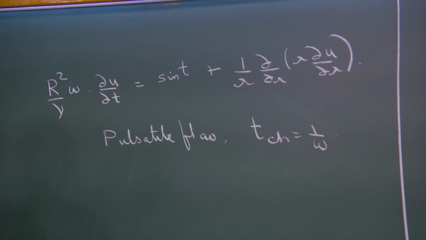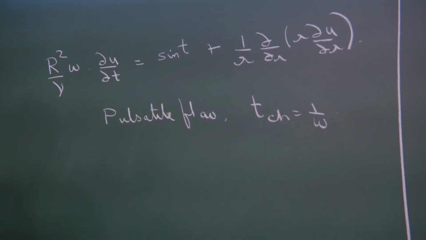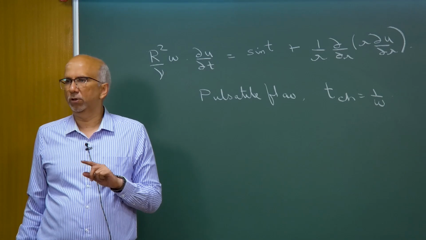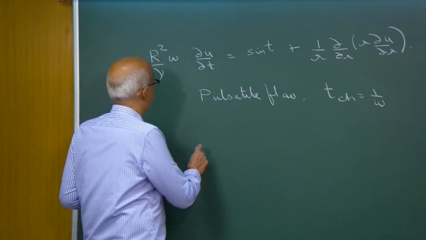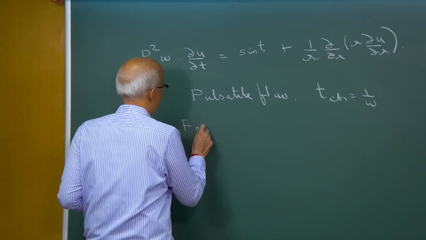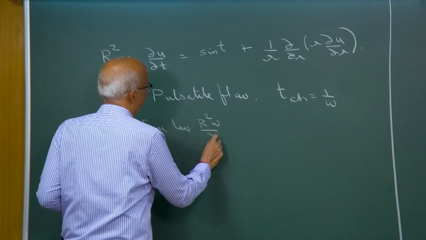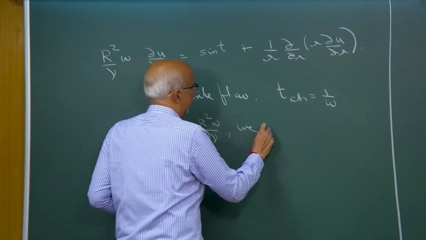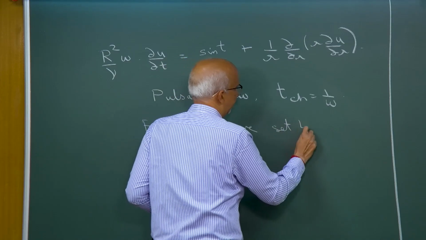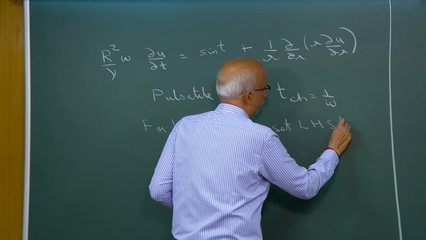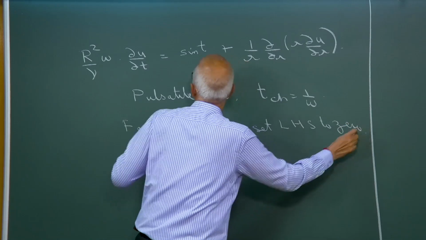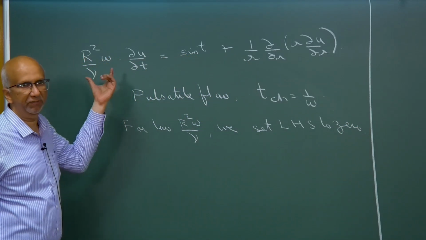The argument we made was that for low r squared omega by nu, we set the left hand side to 0, because this is a very small quantity.